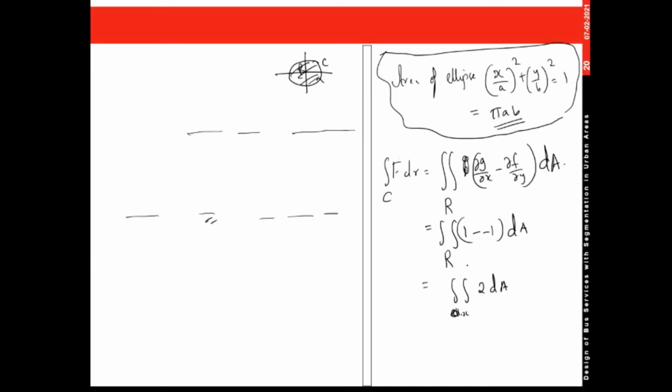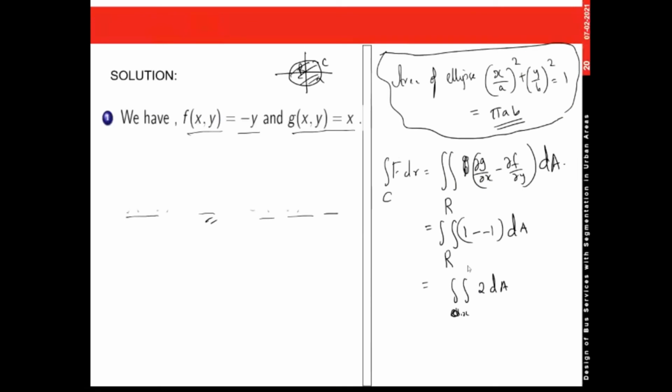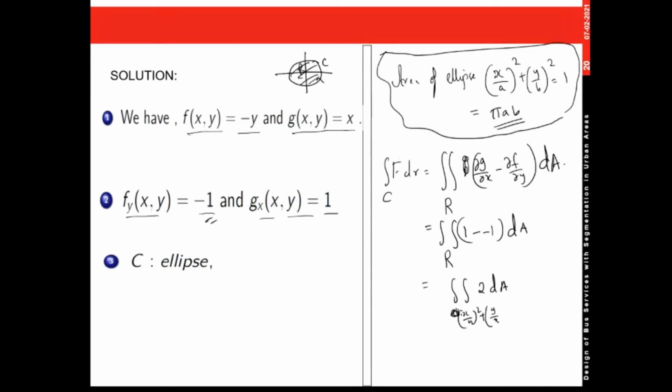I think the ellipse is x square by 16 plus y square by 9 equal to 1, that is (x by 4) square plus (y by 3) square equal to 1. So this is equal to 2 times the integral over the region of dA.